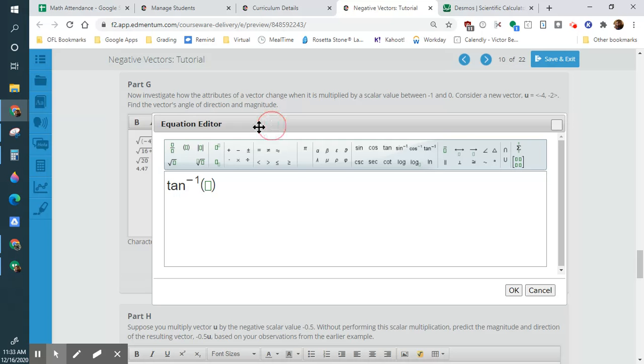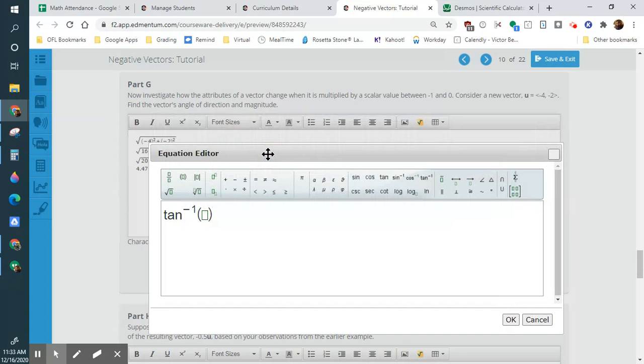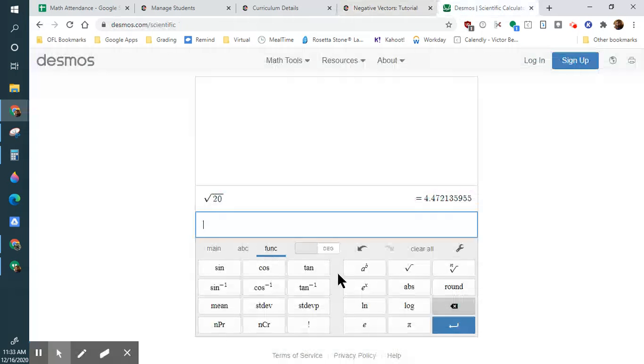So tangent inverse of y over x. So we're going to do -2 over -4. And that's going to give us an angle of tangent inverse of 1/2, basically.